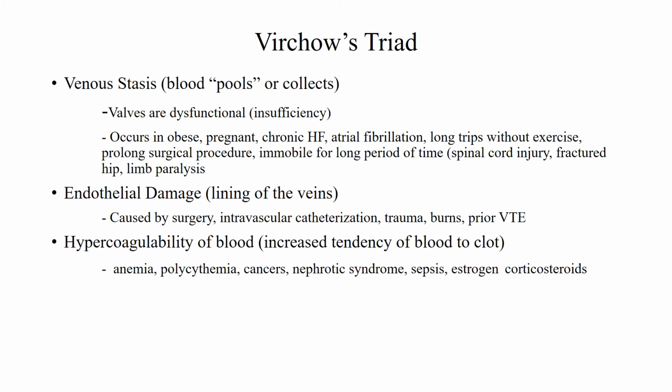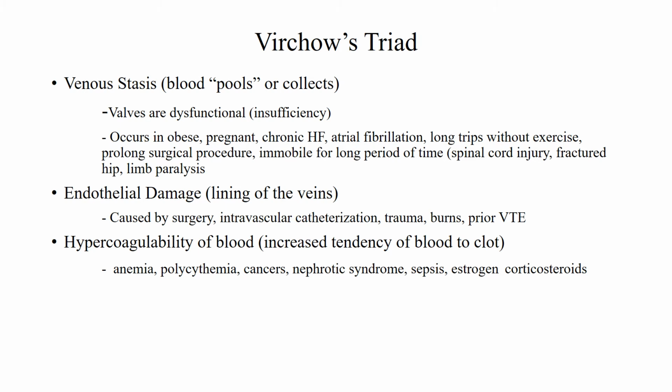The second part of the Virchow's triad is endothelial damage. Endothelium is the lining of the veins. So there is damage in the lining of the veins, and can be caused by surgery, by intravascular catheterization, trauma, burns, or a prior venous thromboembolism.